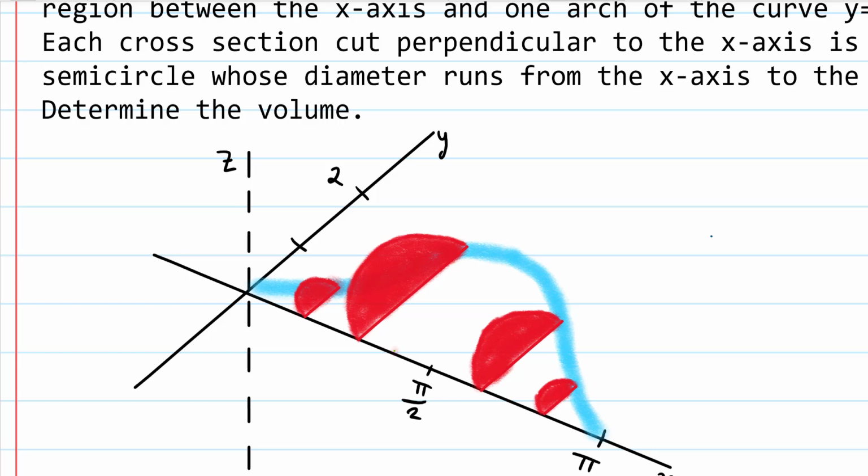As we can see, the cross sections are semicircular regions, where this is the function f of x equal to 2 sine of x. This means that the distance of any of these can be given by 2 sine of x. If we look at this one right here, this is also given by 2 sine of x for different x values.